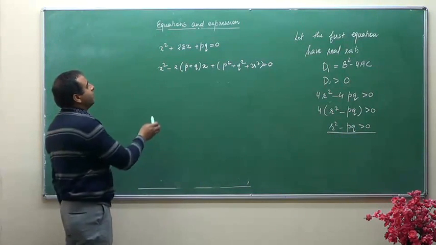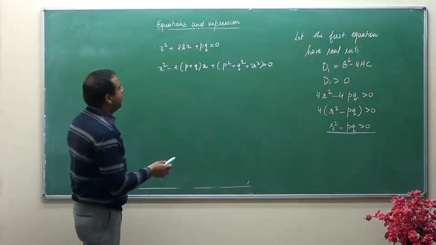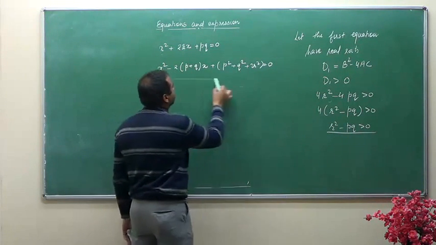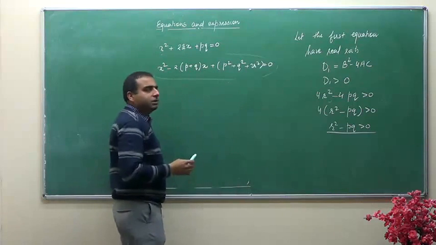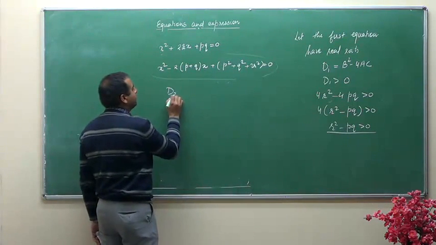In the question it is given that it has real roots if and only if the other has imaginary roots. It means the discriminant of this quadratic should be less than 0. So we'll find d2.